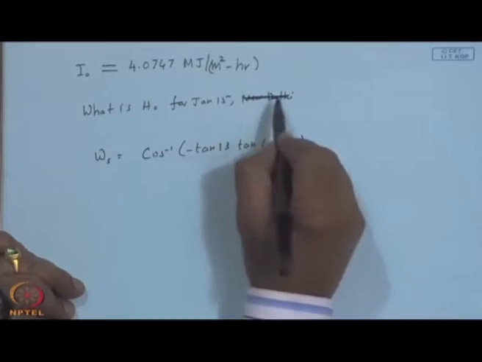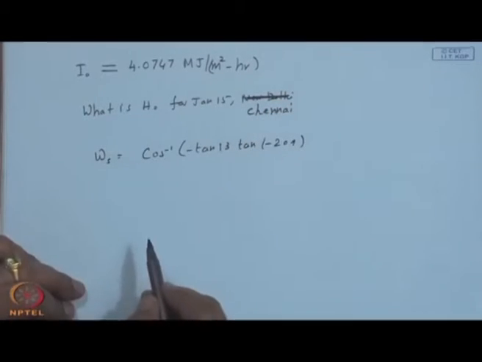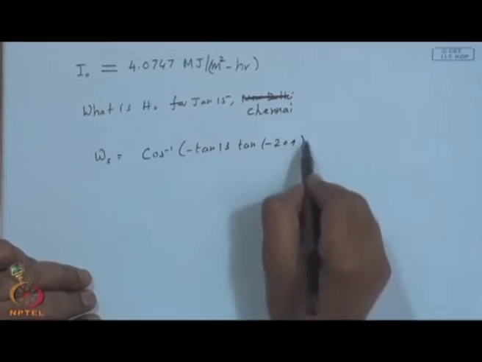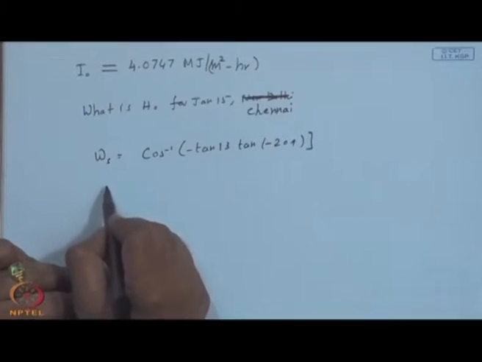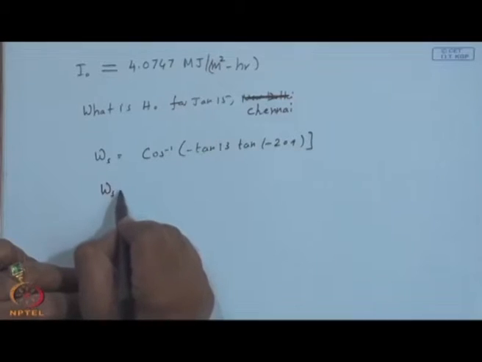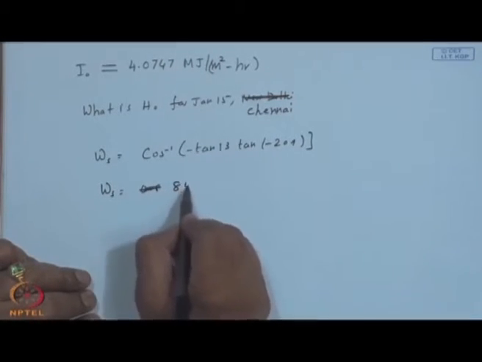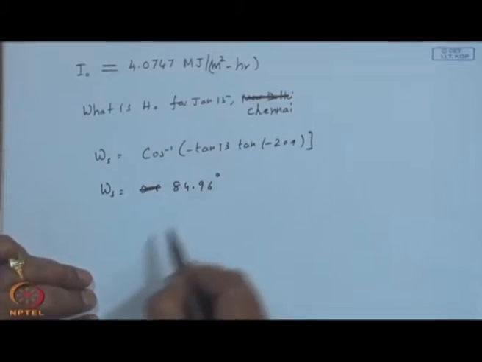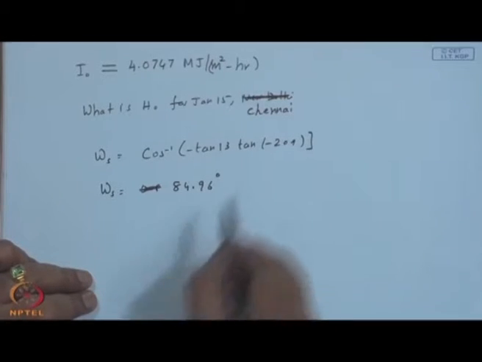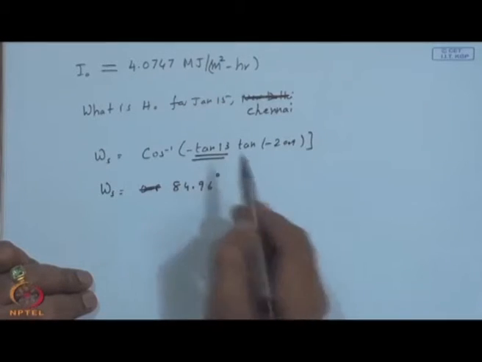So, sorry. So, you have got this omega s is 84.96 degrees. So, you can understand that this is January, but at a low latitude.